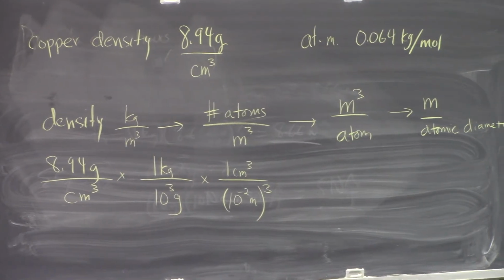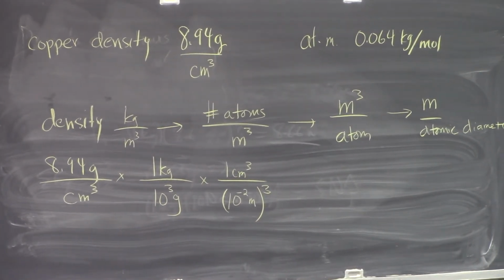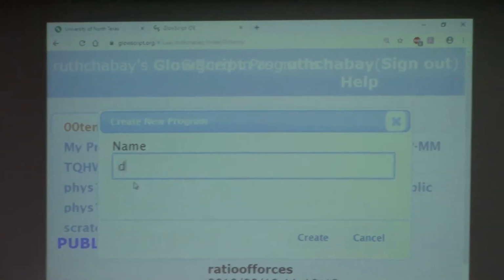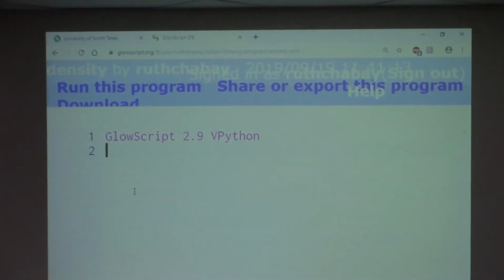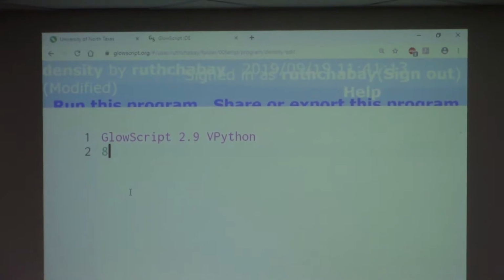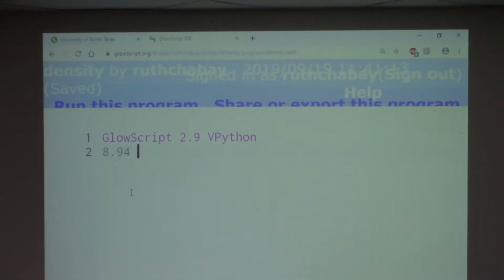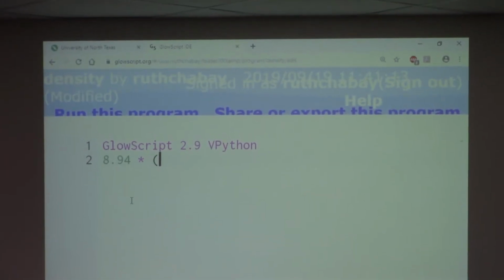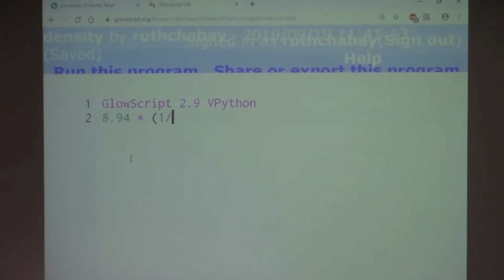So let's actually do it. We have 8.94 grams per cubic centimeter times 1 kilogram divided by 10 to the third grams times 1 cubic centimeter divided by 0.01 cubed, and we'll call that something.